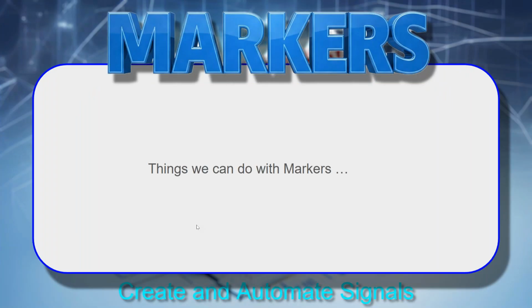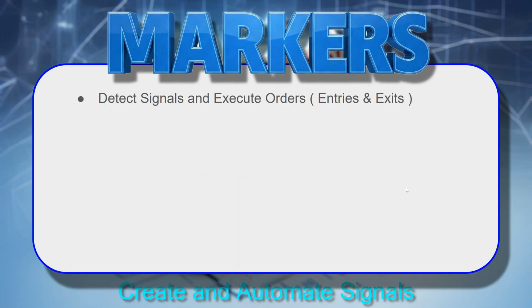Now, what can we do in total with markers? Because this is not everything. As we already saw, we can detect signals, and when that happens, we execute an order. The order can be an entry, but also can be an exit, okay?